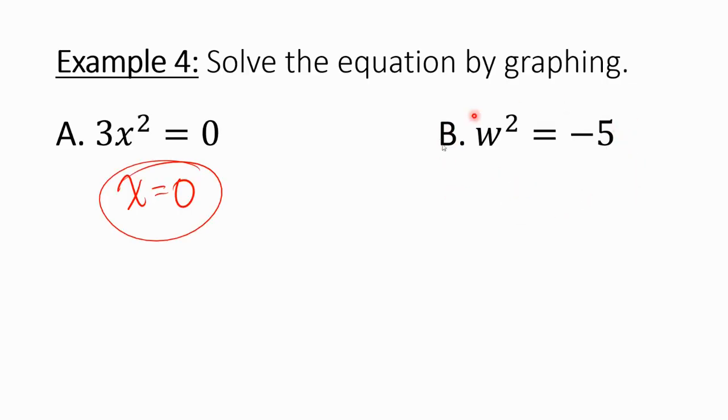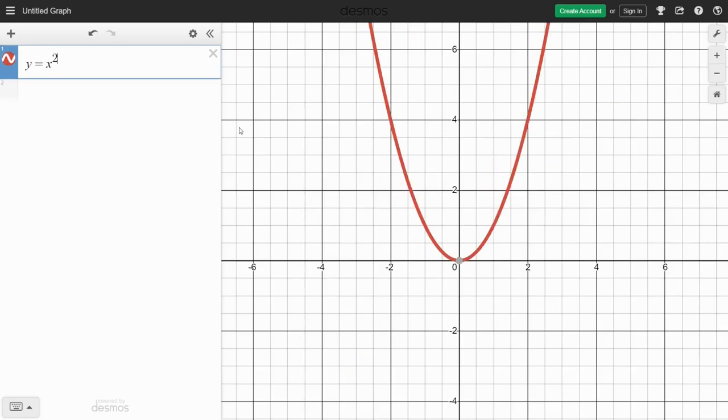This one we're not ready to graph yet because it's not set equal to 0, so we need to add 5 to both sides. So we get w squared plus 5 equals 0. Now we're going to go ahead and graph this. Now remember, Desmos doesn't know what to do if it's not an x, so change this variable into an x. So we have y equals x squared plus 5.